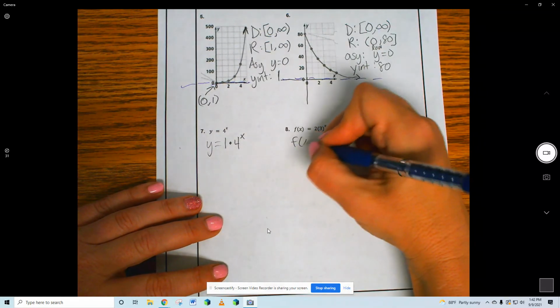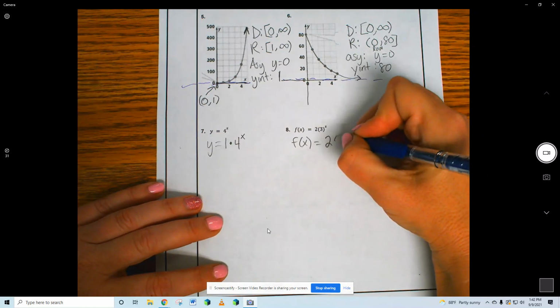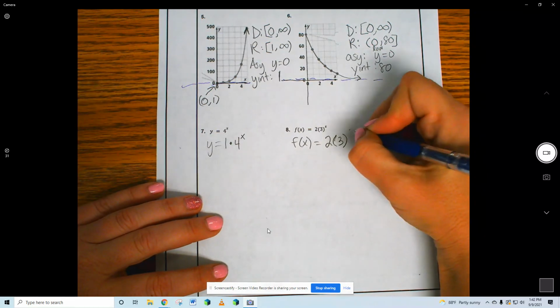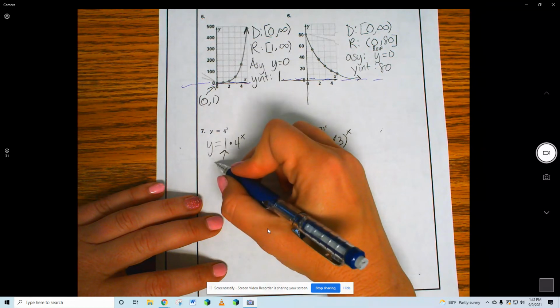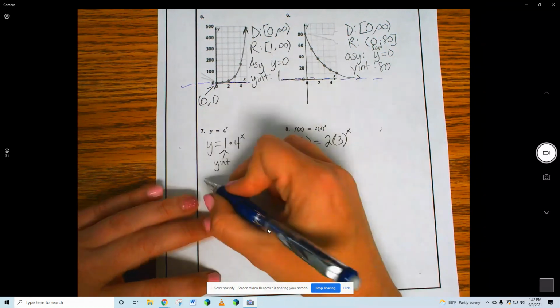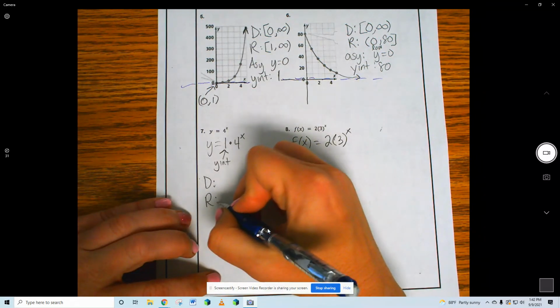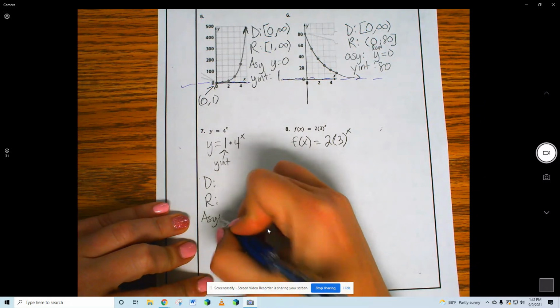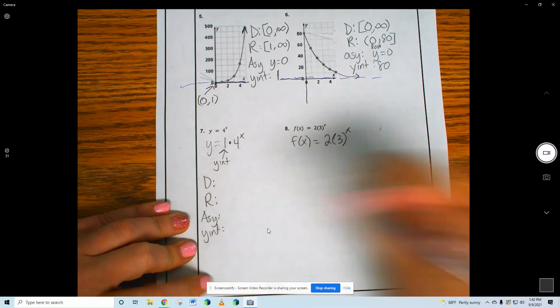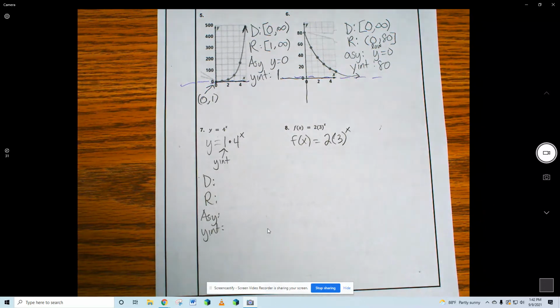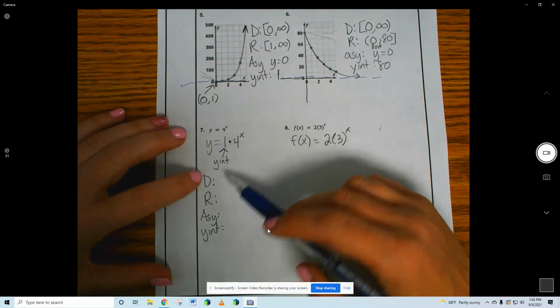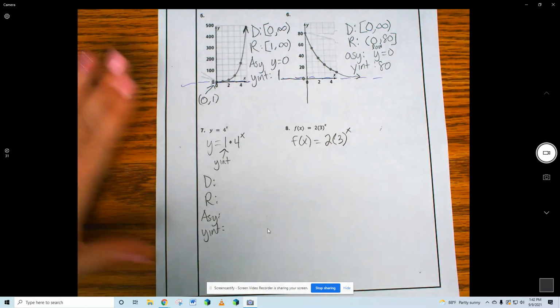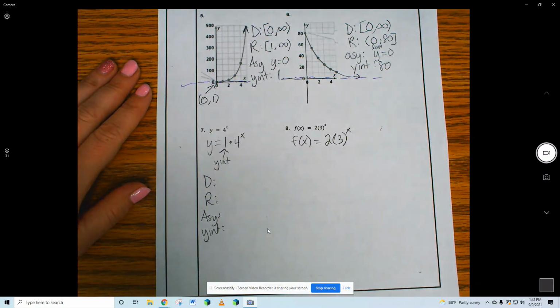All right, 7. Look what I did. I put that 1 there to let you know, oh yeah, y-intercept, initial value. Okay. Domain. You guys, for these, the graph is the normal curve looking.